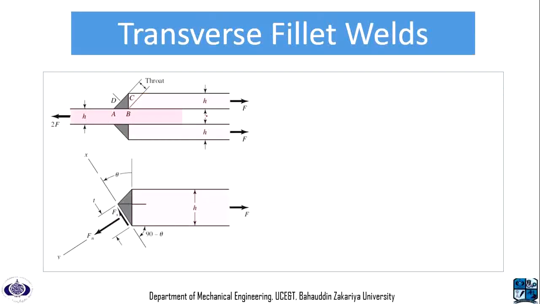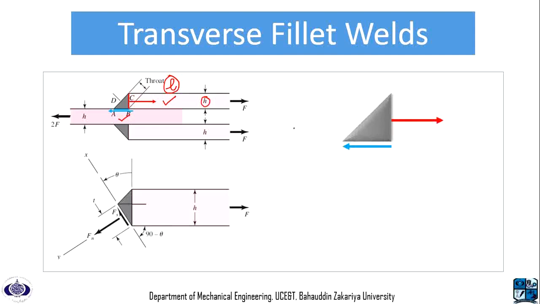So now we have a transverse fillet weld, as can be seen that one of its sides is being applied with a normal stress, whereas the other one is being applied with a shear stress. The leg size of this fillet weld is H and L is the width of this fillet weld.